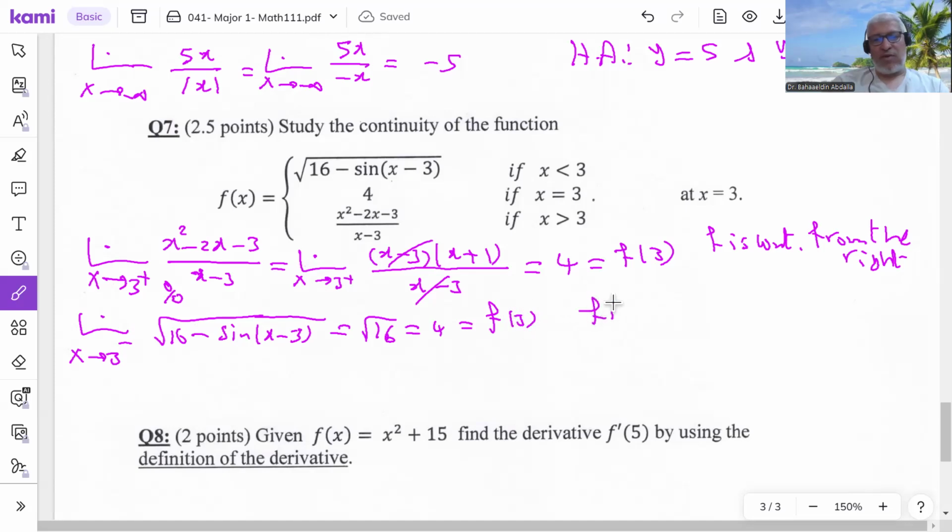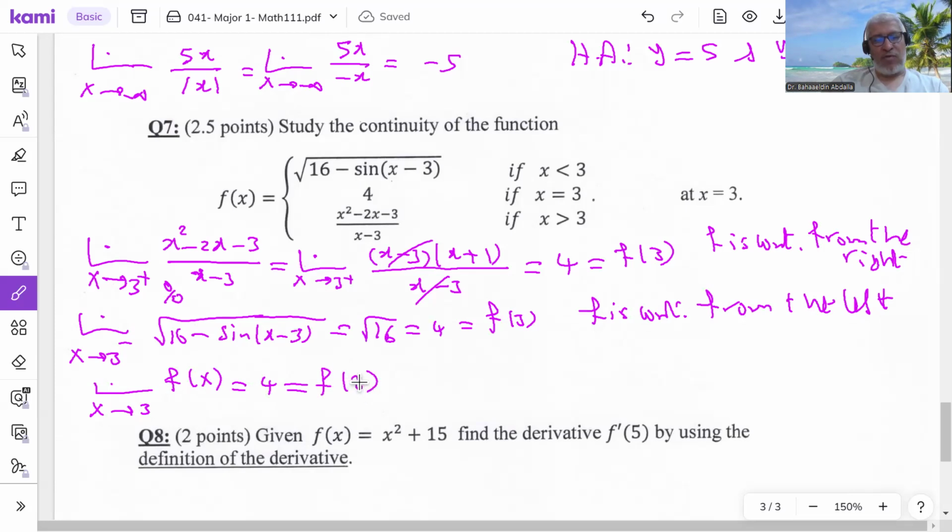So in fact, the function is continuous from the left. So you can say that the function is continuous at 3, and you can write that the limit when x approaches 3 of f of x is equal to 4, which is equal to f of 3. So f is continuous at 3.